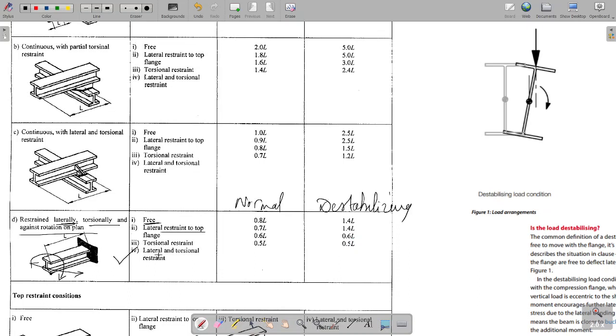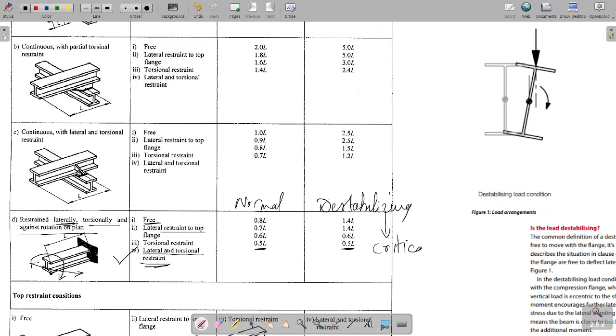Because they have asked this one in 2020, they might ask some other condition, so let's see all of them. First understand the normal and destabilizing loading conditions. When the destabilizing loading condition comes, this is the critical case.